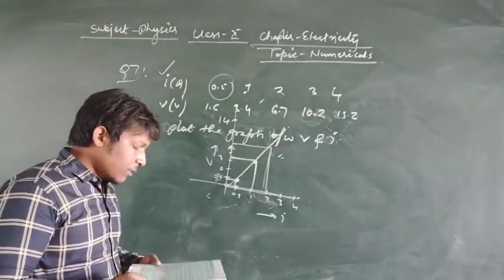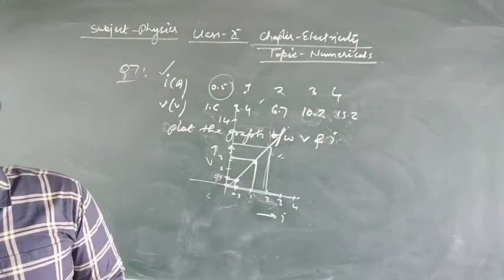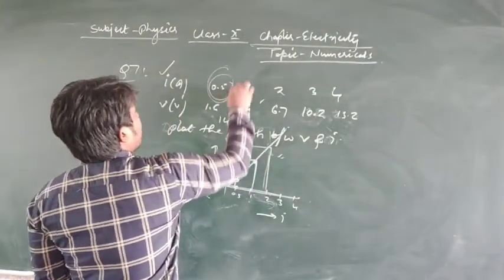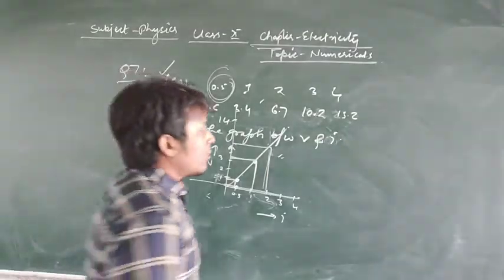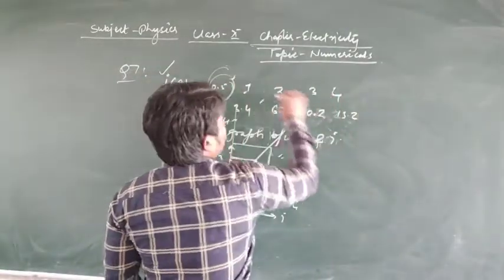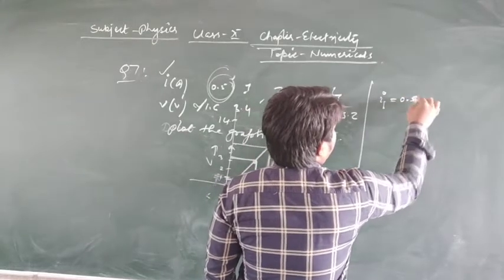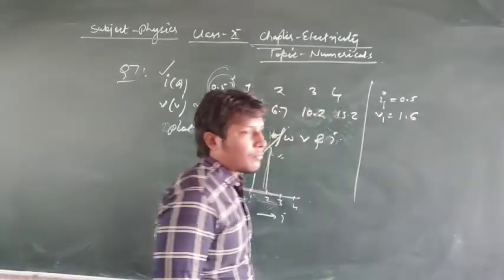The second part is to find the resistance of that resistor. For each value of I, you get a particular value of potential. So for I1 equal to 0.5, you get V1 as 1.6.